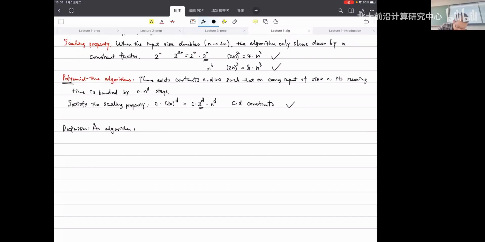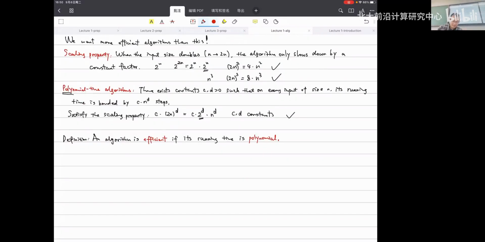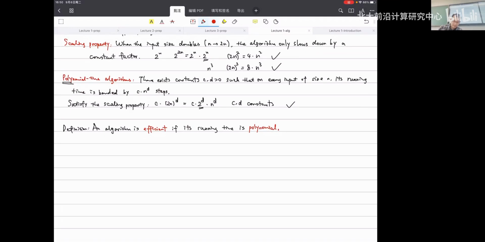An algorithm is efficient if its running time is polynomial. Any questions? I think this is a very important conclusion, intuitively, and also an important thing for talking about polynomial time rigorously throughout this course.